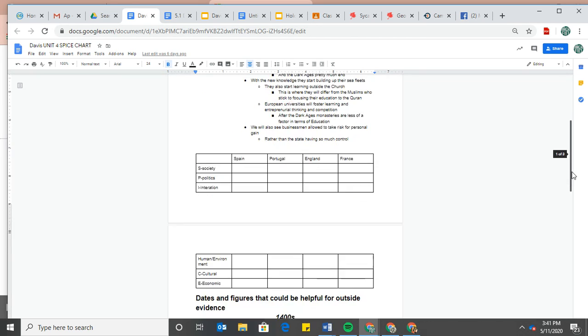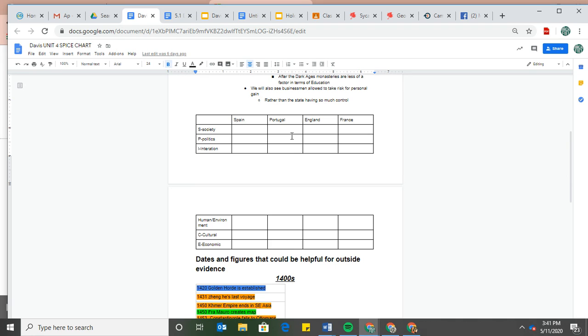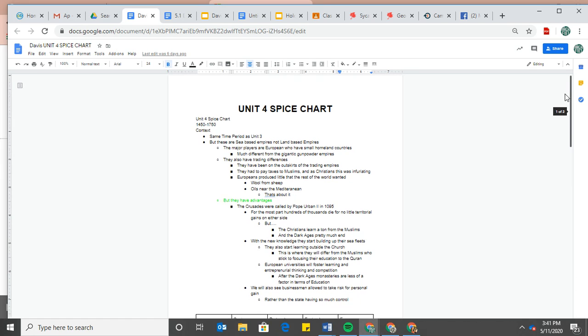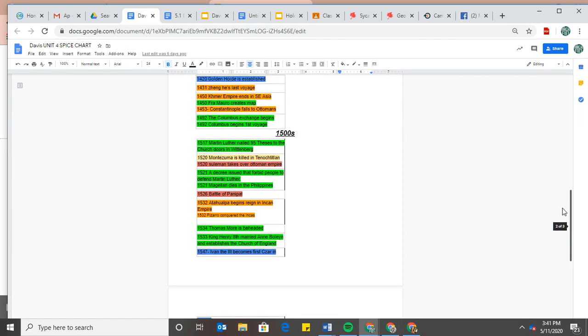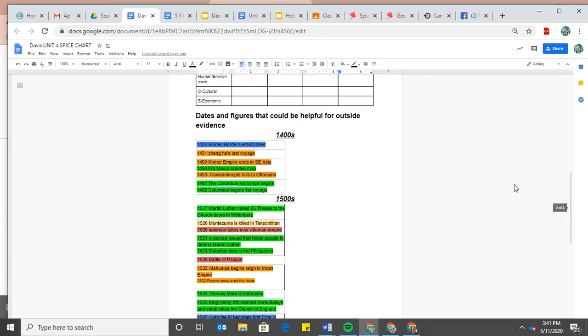So what I might do is have one row do Spain and one row do Portugal, England, France. This is from the Age of Exploration unit, also known as the Maritime Empires. What I've put down here are dates that go hand in hand with Maritime Empires, such as Henry's last voyage, the Fra Mauro map in 1450, the Columbian Exchange begins in 1492, Montezuma is killed in Tenochtitlan, Suleiman takes over the Ottoman Empire, which wouldn't really fit for Unit 4.